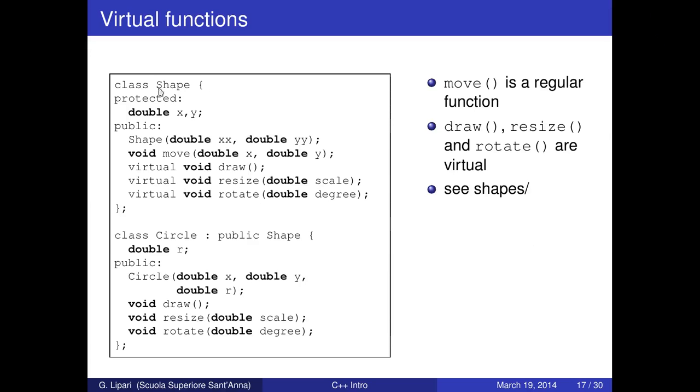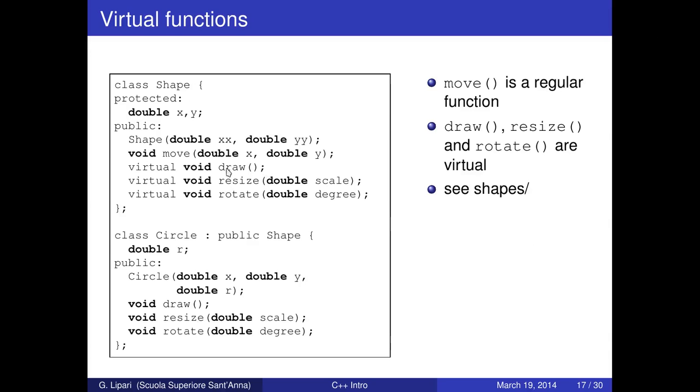Okay? So what I do is, let's consider a slightly more complex example in which the class shape has more functions. So the class shape has x and y, which are the center of the shape, then a move function, which is just a normal function, which allows you to move the object around the screen.